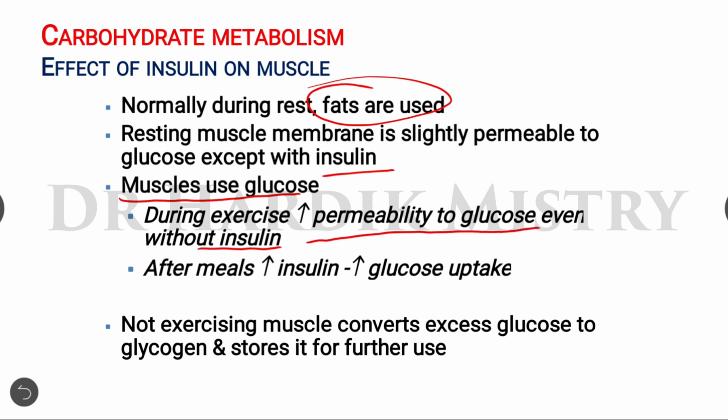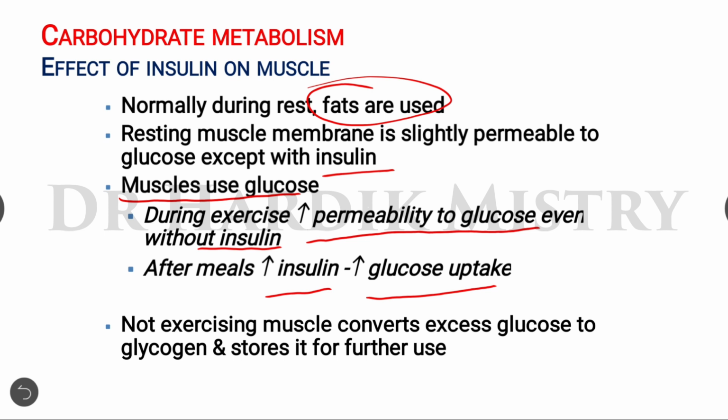After meals, there will be an increase in insulin and an increase in glucose uptake. In the resting condition, the muscle will not take up glucose, or in other words, a very small amount of glucose is taken by the muscle at rest. But when we are exercising, muscle glucose uptake increases without insulin.